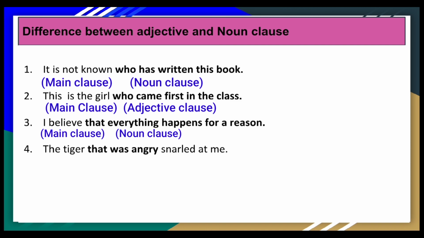That was angry is your subordinate clause. Which tiger? That was angry. And so I am getting the answer when I am asking the question by which to our noun tiger. And this one is the example of your adjective clause.